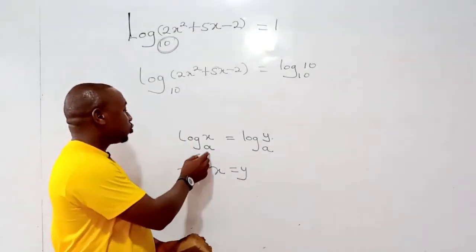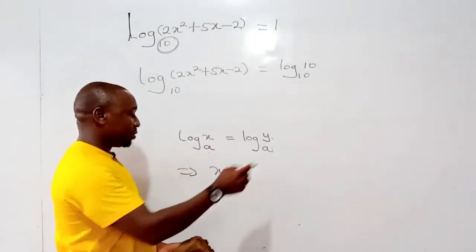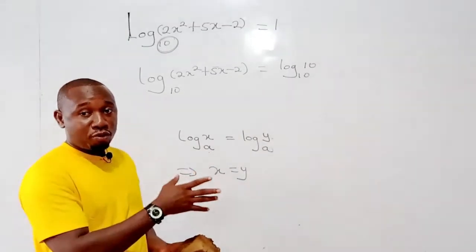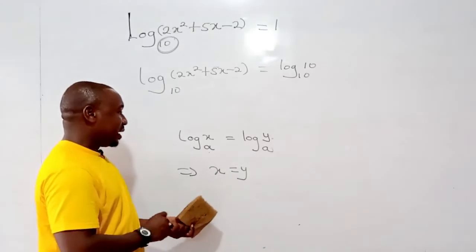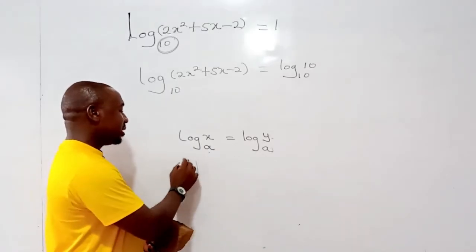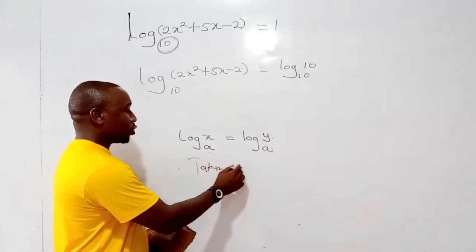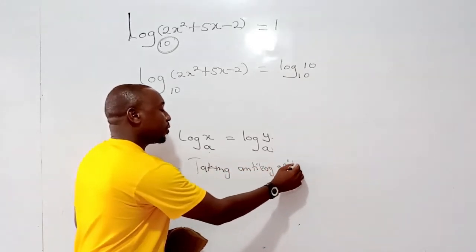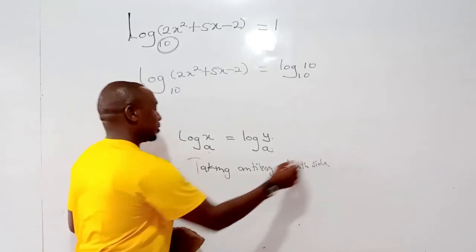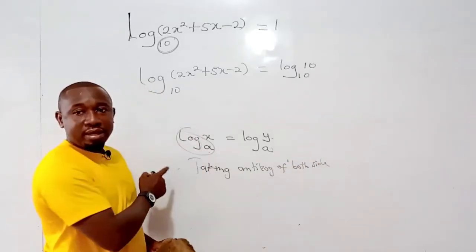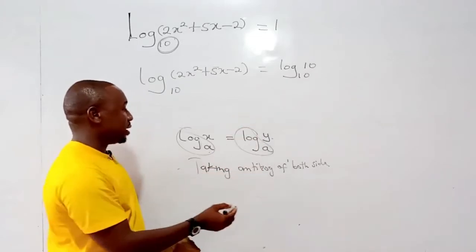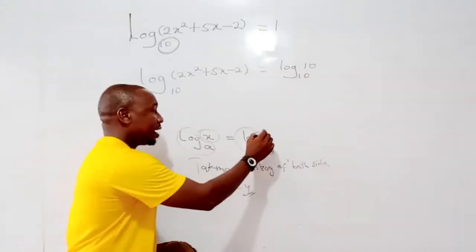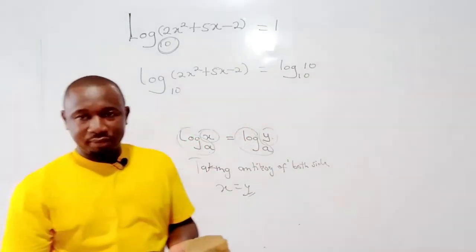Others will say the log to the base a and the log to the base a will cancel themselves. But normally what we say is that by taking antilog of both sides, we will drop the log a here and the log a here, and then x will be equal to y.